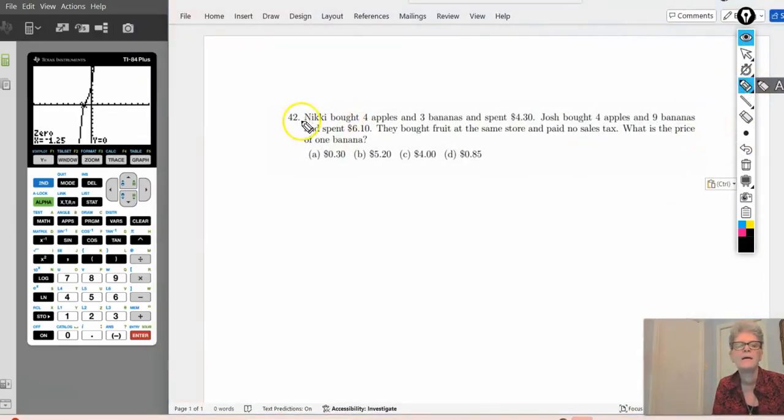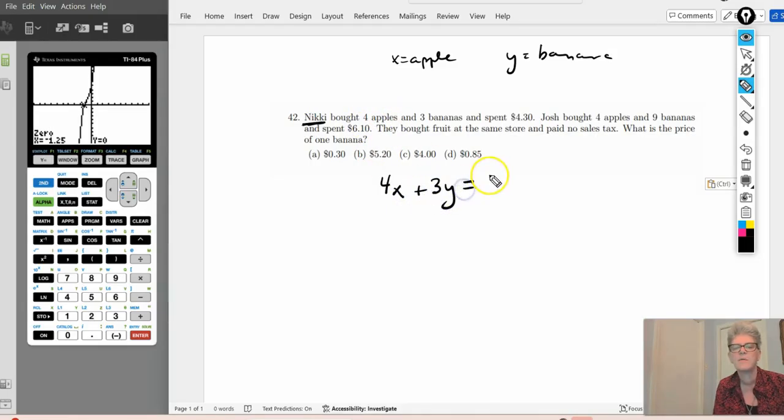Well, Nikki, let's let X be an apple and let's let Y be the price of a banana. So Nikki gives me a formula: 4 apples plus 3 bananas equals $4.30, but I'm just going to write that 4.3.